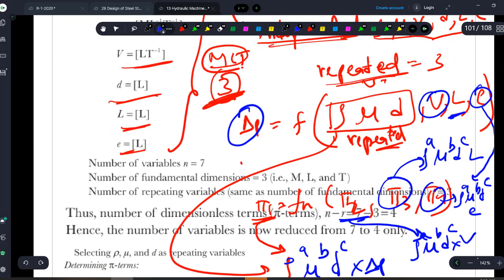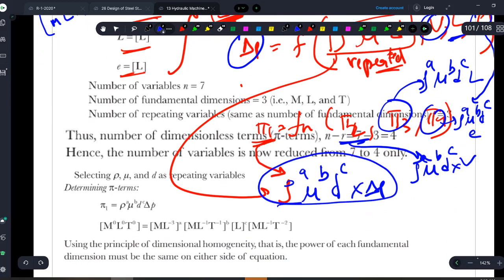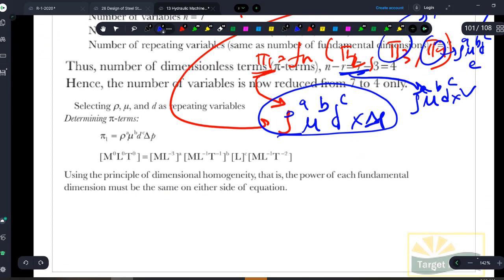So now comes the fun part. I am saying repeatedly these pi terms are non-dimensional terms. Non-dimensional means m to the power of 0, l to the power of 0, t to the power of 0. But here obviously I will be getting some quantities. Density is m, l to the power of minus 3 whole to the power of a.